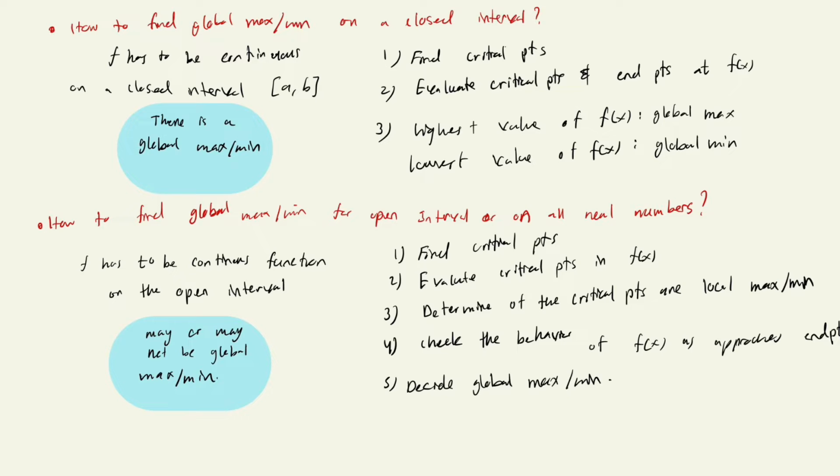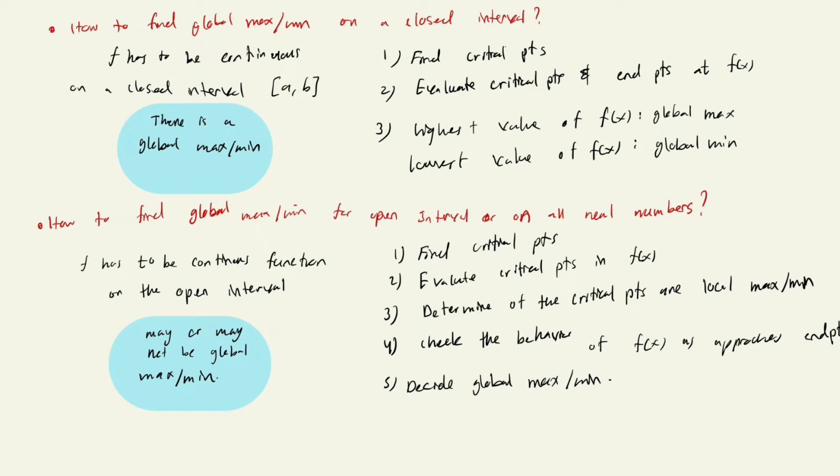Now in case we have an open interval or the domain is all real numbers, first f has to be a continuous function on the open interval, and here I'm not guaranteed to have a global maximum or minimum. For the steps, first, find the critical points. Second, evaluate only the critical points in the function of x, since here we don't have an endpoint. Step number 3, determine if the critical points are local maximum or minimum.